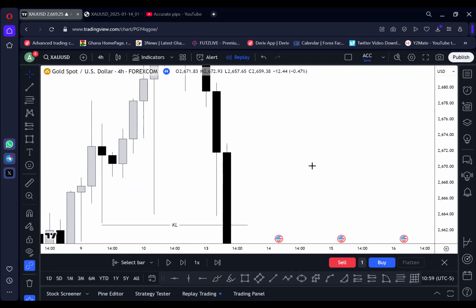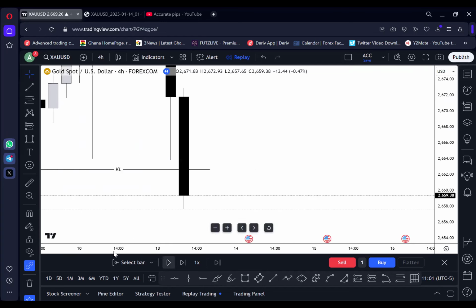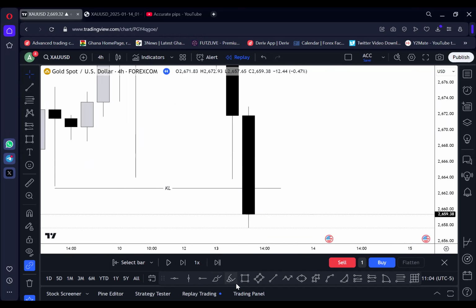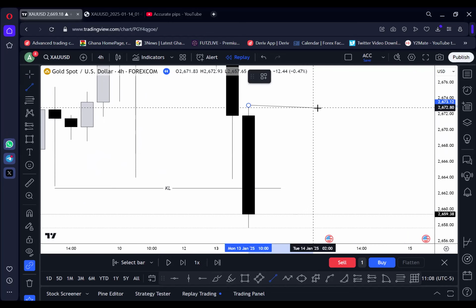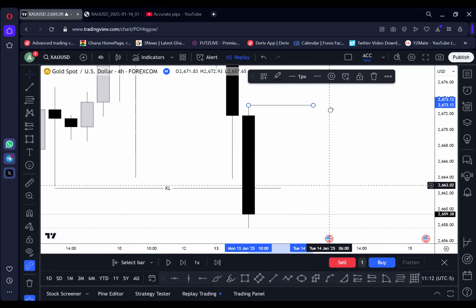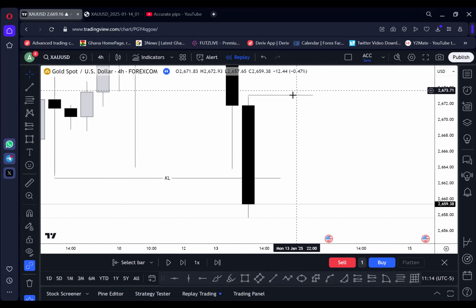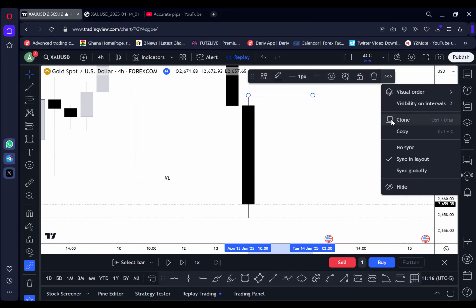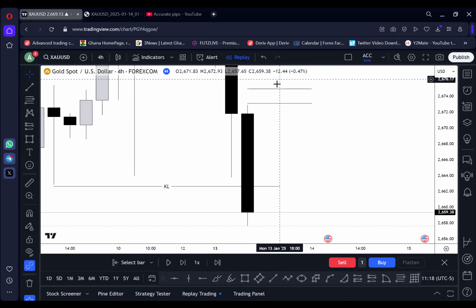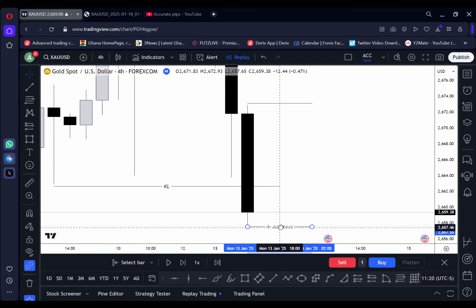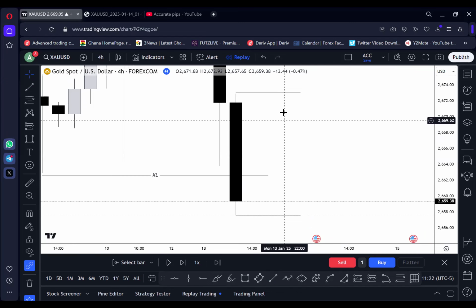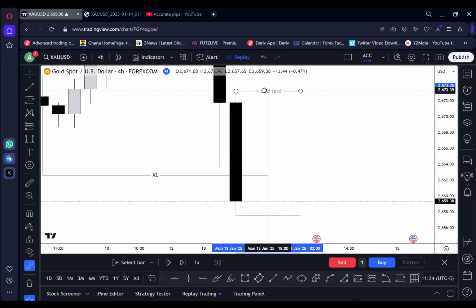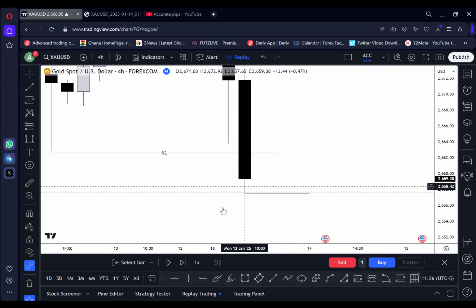So the high here, and then we mark the low as well. All right, so we have the high of the black candle and then the low.